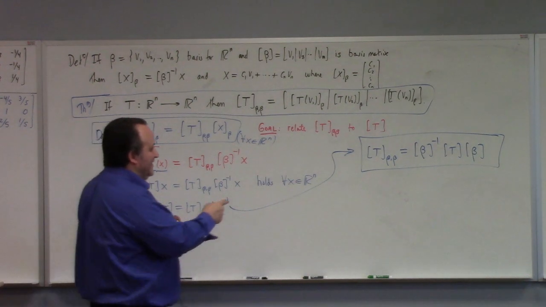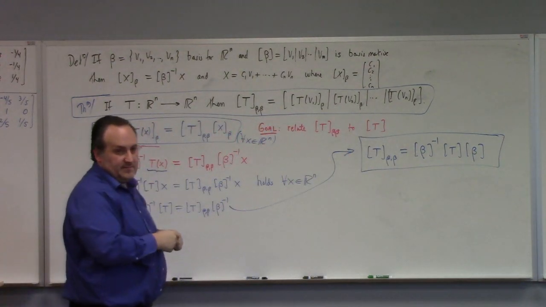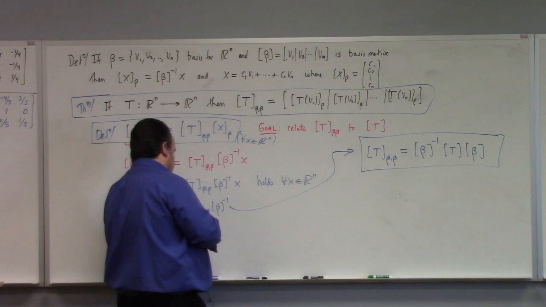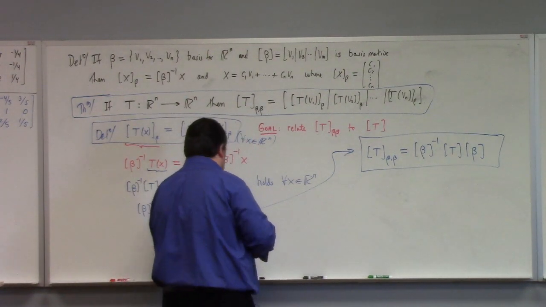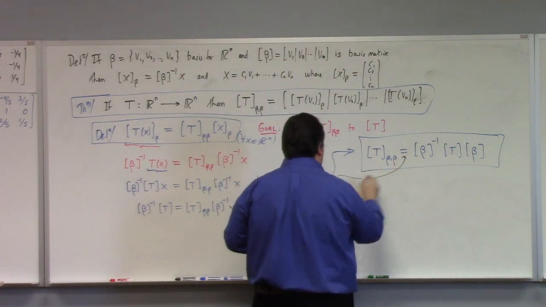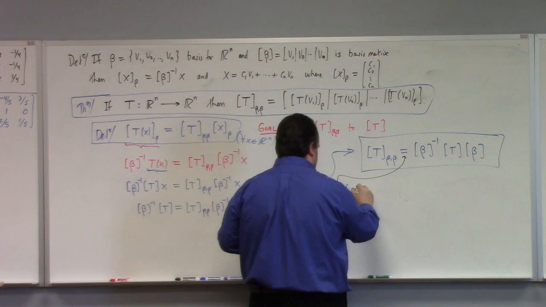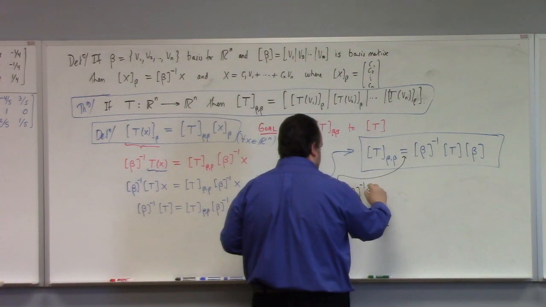My claim is that this is another way to calculate it, right? So I'll show you that now. This is equal to the basis inverse matrix times T beta, right?